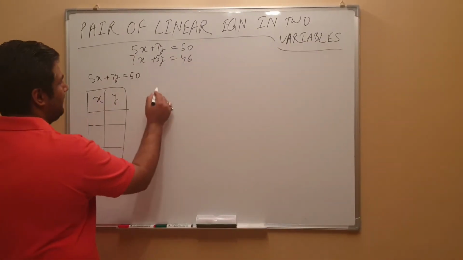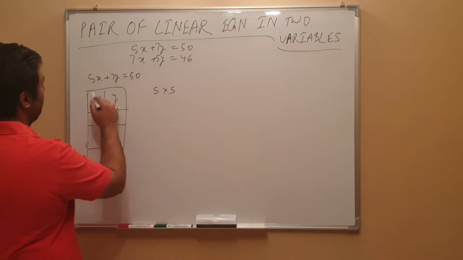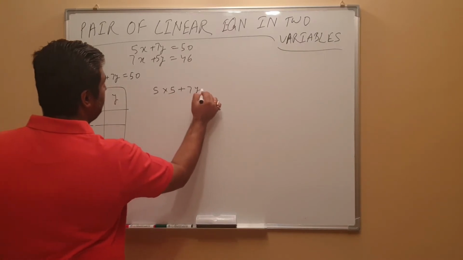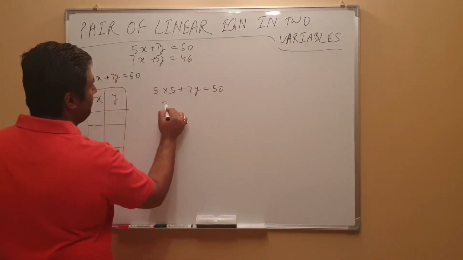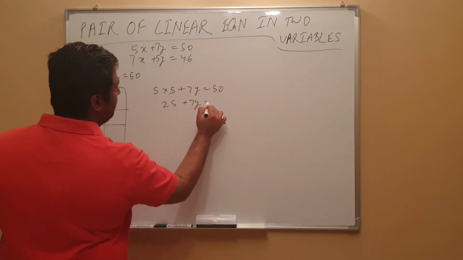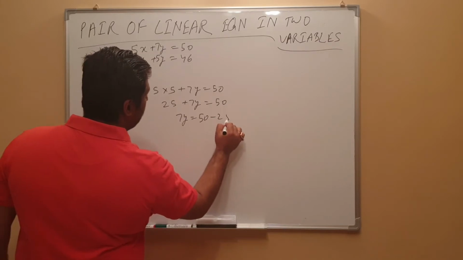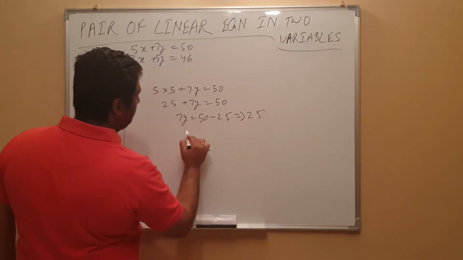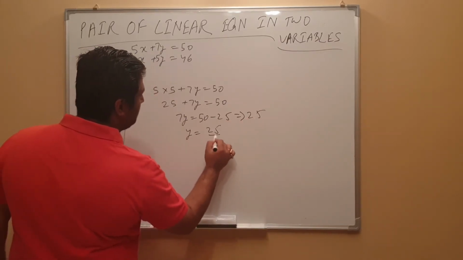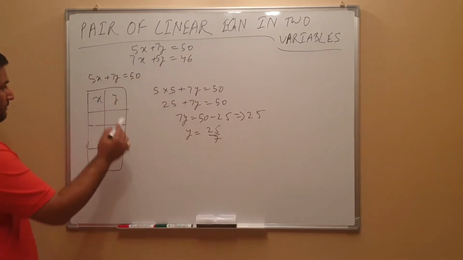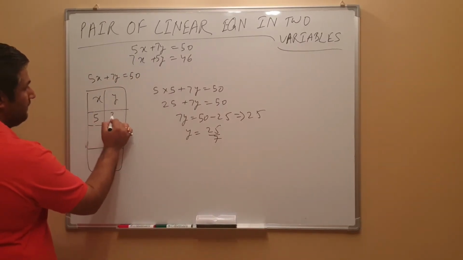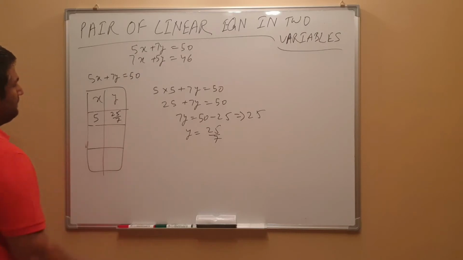So 5 times 5 is 25, plus 7y equals 50. 7y equals 50 minus 25, which is 25. So y is 25 over 7. In place of x I'll write 5 and in place of y, 25 over 7.